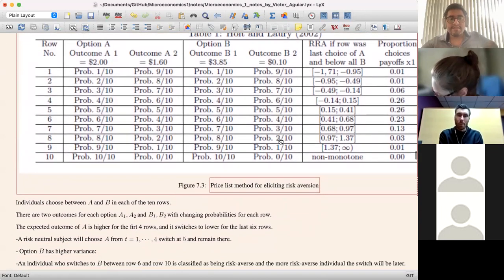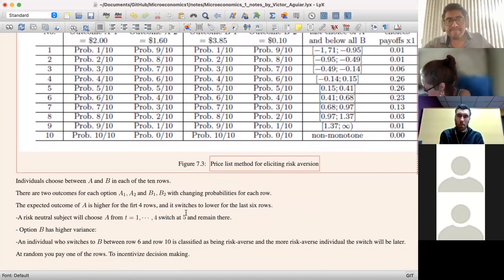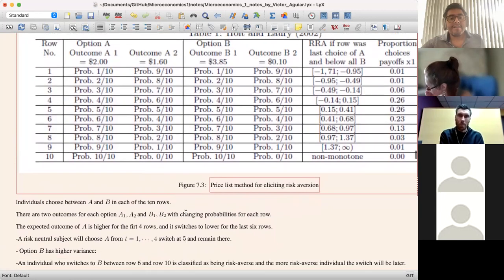Now, the important thing is this. Individuals choose between A and B in each of the 10 rows. The two outcomes of each option are A1, A2, B1, B2, with changing probability. The expected outcome of A is higher for the first 4 rows, and then it switches for the last 6 rows. So a risk-neutral guy will choose A from rows 1 to 4 and switch exactly at 5, okay? Why is that?